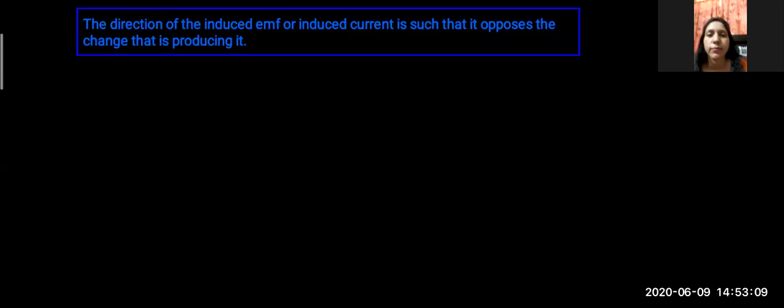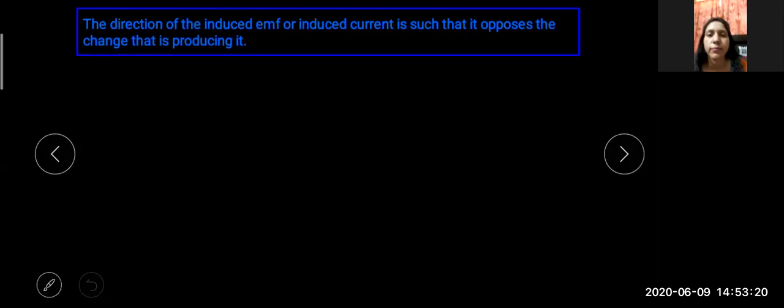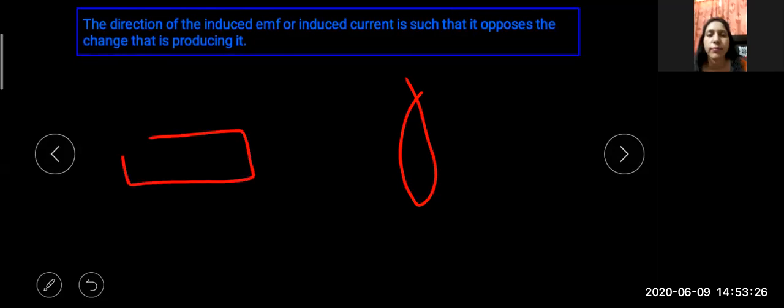Okay. So for this, consider a situation. This is a coil and this is a bar magnet.